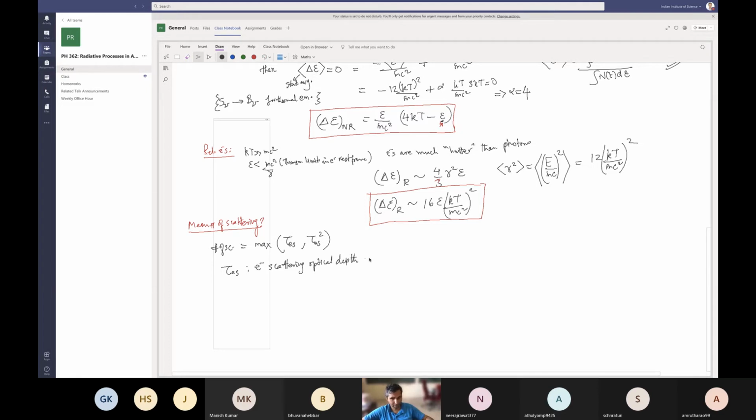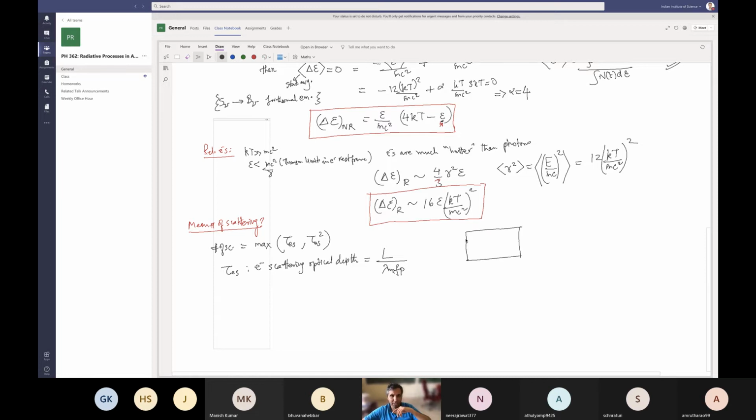which is nothing but the size of the system divided by the mean free path. Can someone explain to me why we have tau and why we have this expression, max of tau and tau squared? We have encountered something like this before. Let me draw.